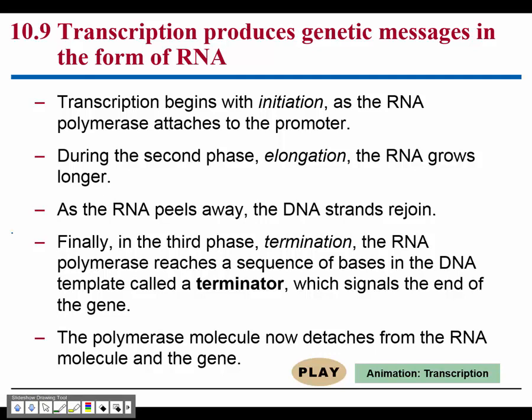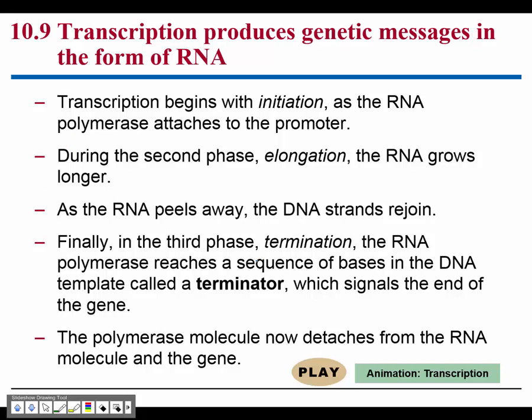And so transcription starts with the initiation when RNA polymerase attaches to that promoter region. And during the elongation phase, the RNA grows longer and longer and longer, and then as it peels away, the DNA rejoins. So if you think of that bubble, like we looked at before, instead of the whole chromosome splitting apart and replicating, just a small little bit where the allele is, there's a little bubble, it opens up, RNA comes in, starts to elongate, and then once it peels away, DNA will rejoin.